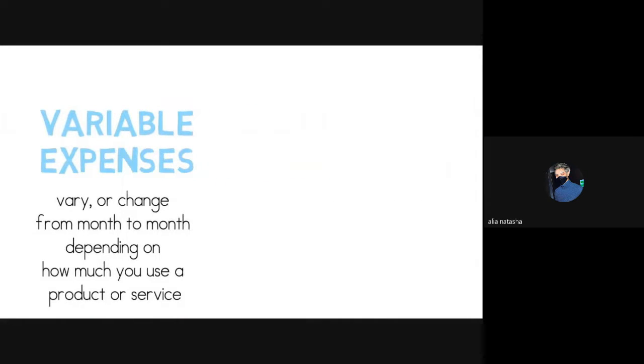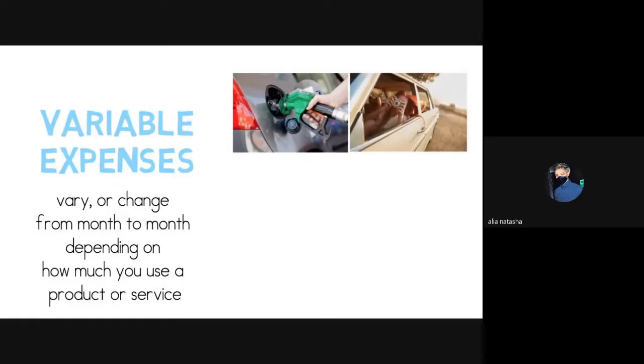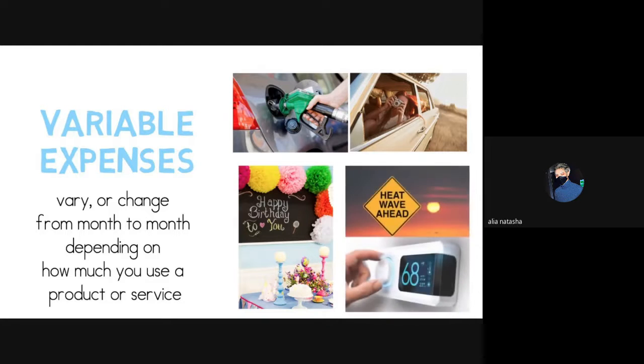They vary or change from month to month depending on how much you use a product or service. For example, you may spend more money on gas one month because you went on a road trip. Maybe you took a friend out for their birthday, and so you spent more on food the next month, along with the heat wave that made you run the AC more and increased your electricity bill.